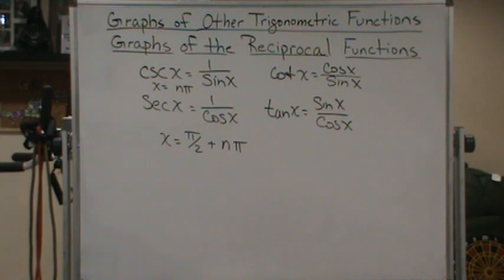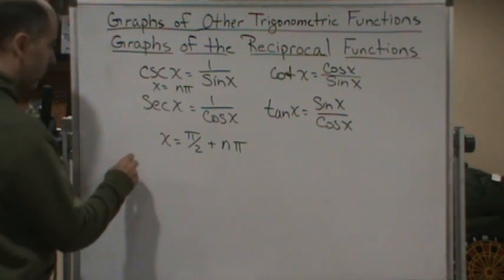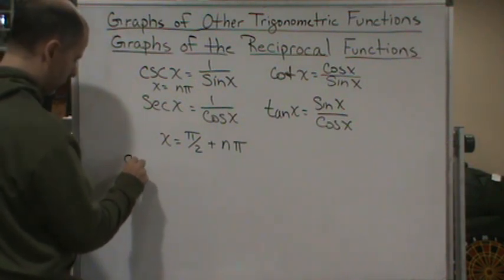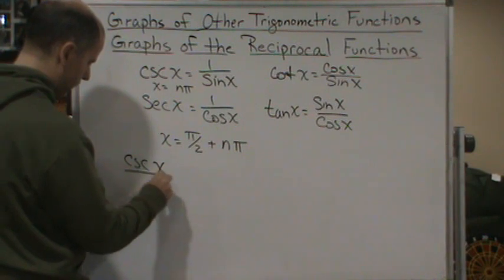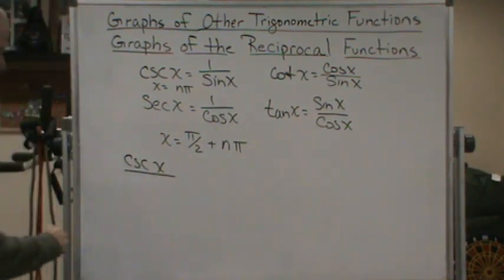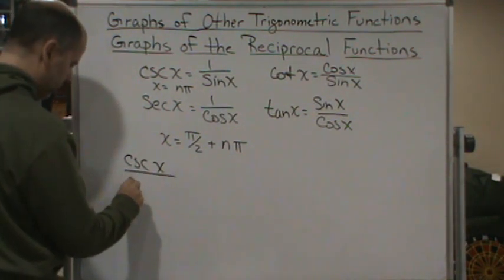The domain of the cosecant function. Let's talk about cosecant x. The period is going to be 2 pi.